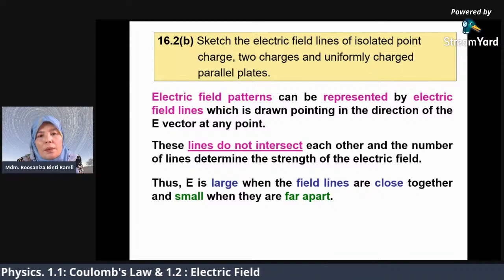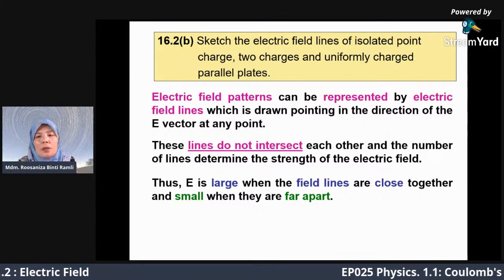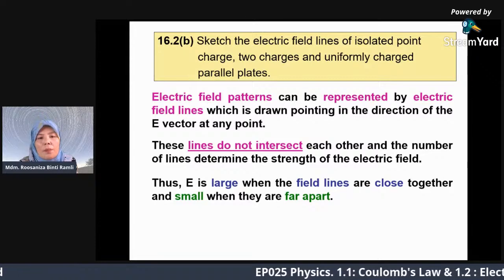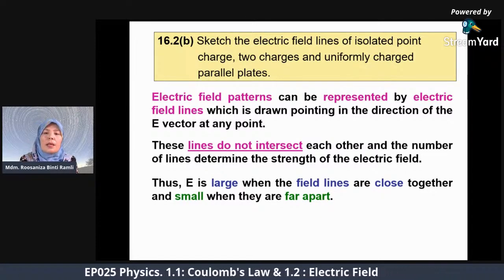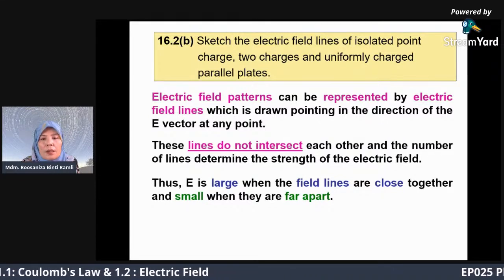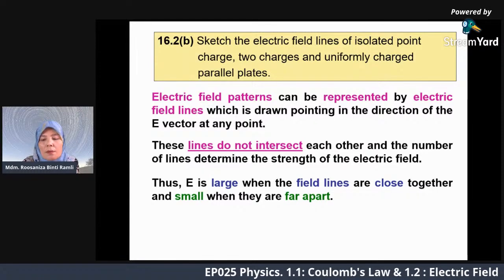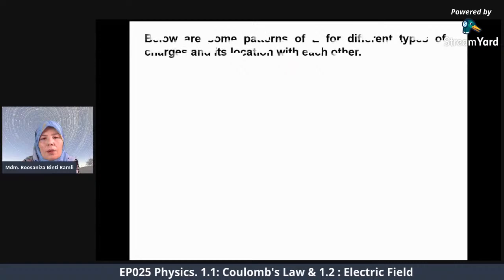Electric field pattern can be represented by electric field lines, which are drawn pointing in the direction of the E vector at any point. These lines do not intersect each other and the number of lines determines the strength of the electric field. Thus, E is large when the field lines are close together and small when they are far apart.